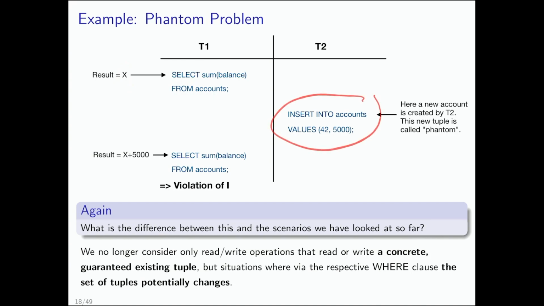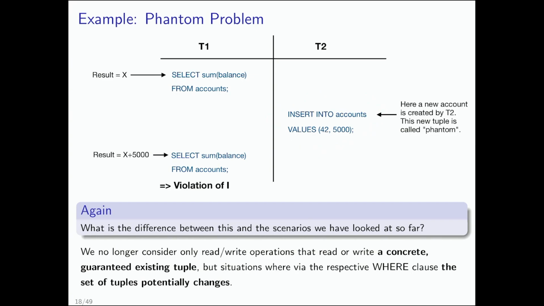A client has opened an account with the bank, so you have to insert a new tuple with a non-existing account number 42 and the initial balance of that account. So here you're adding a tuple to the database. What I explained to you before is that we have locks on tuples. As long as we lock the tuples, everything is fine. But now I'm inserting a tuple that didn't exist before, so by definition it wasn't locked.